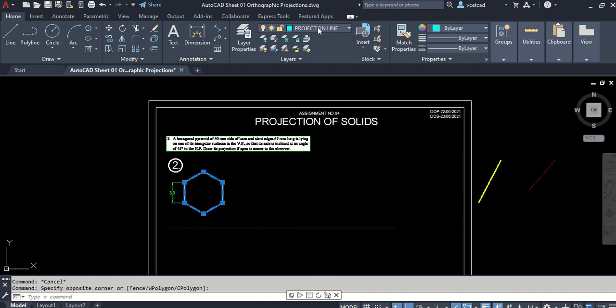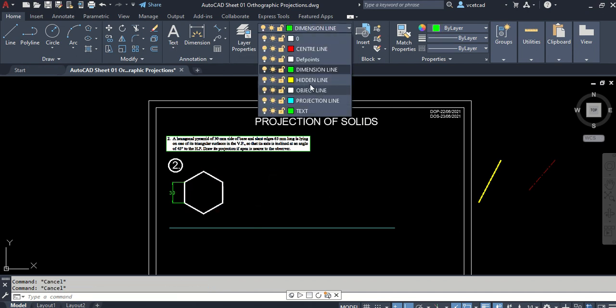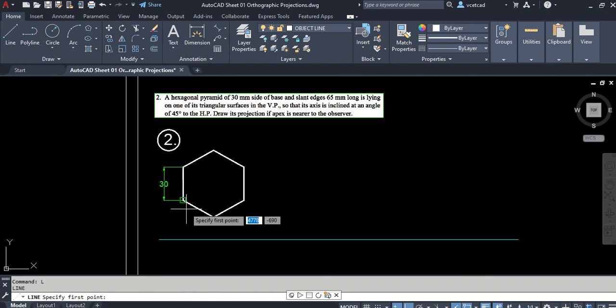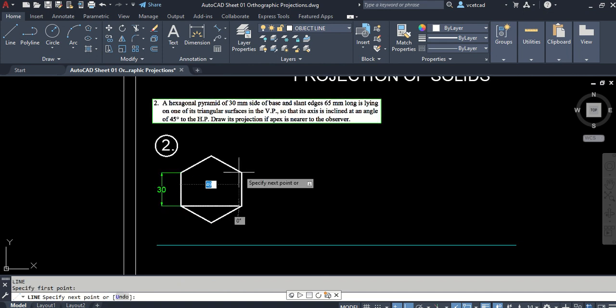As this is a pyramid, it will have an apex, and in the front view you will get slant edges which have to be shown.